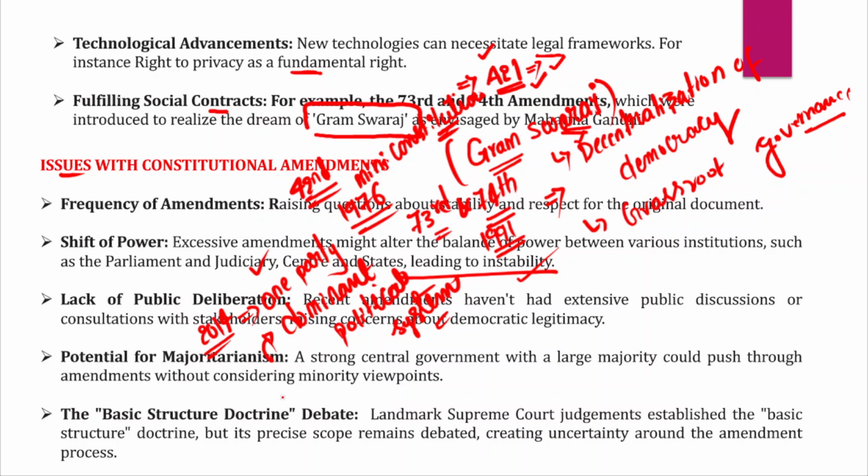So whenever you have a strong central government, it also has a huge majority in the parliament. That would result in constitutional amendments because they have the numbers, they have the majority. So they could frame or bring in constitutional amendments that would certainly benefit their agenda, benefit their ideologies, and that could even impact the minority viewpoints as well. So this is another major concern with respect to constitutional amendment.